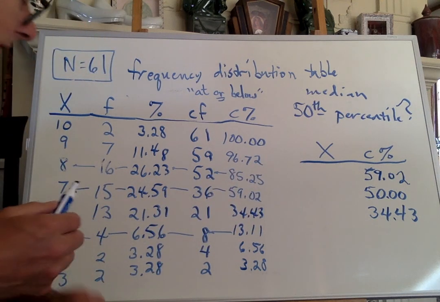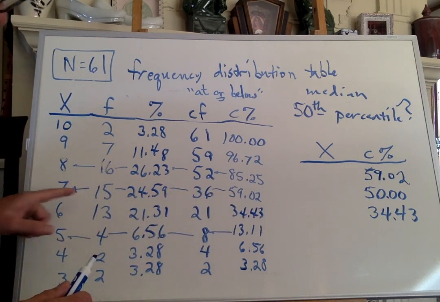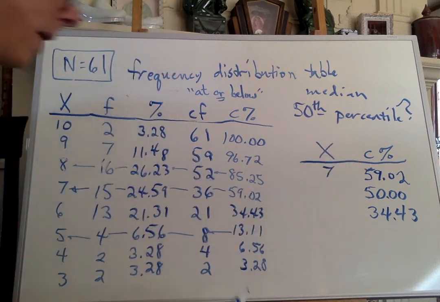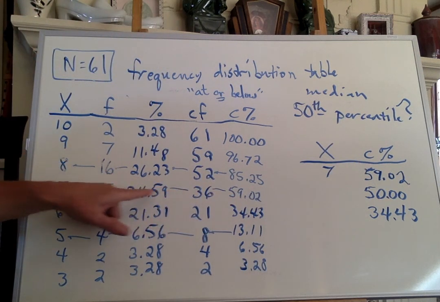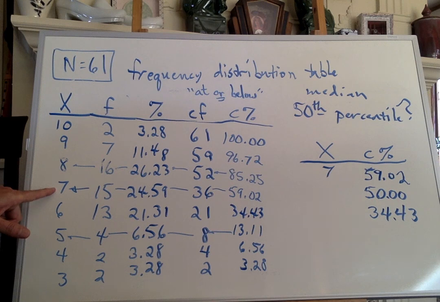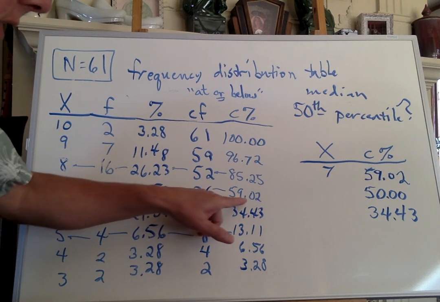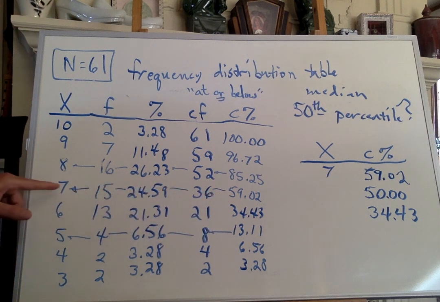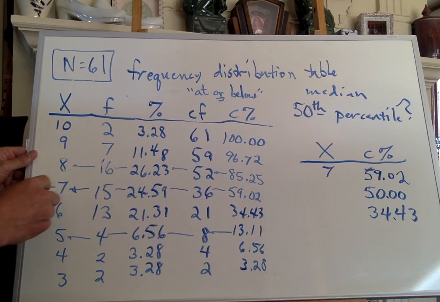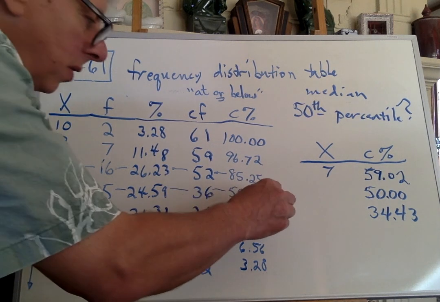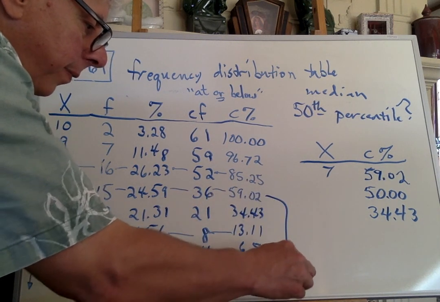And so the 59.02 percentile is what? 7. How did I get that? Look. Okay. What does that mean? 59.02% of the people told me they were happy at 7 or below 7. Remember, this is cumulative. Okay?